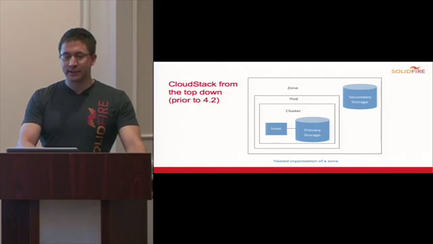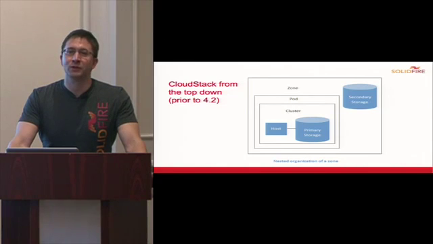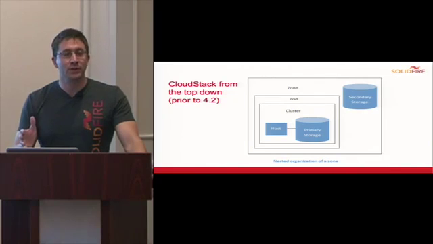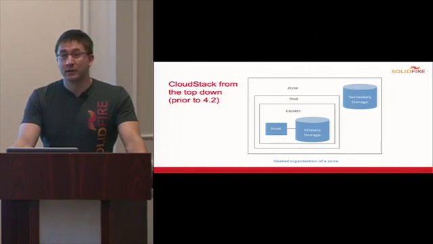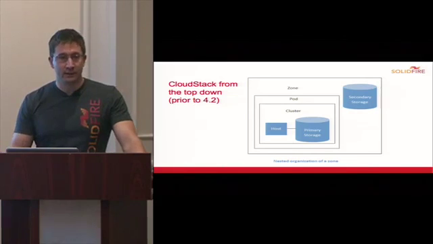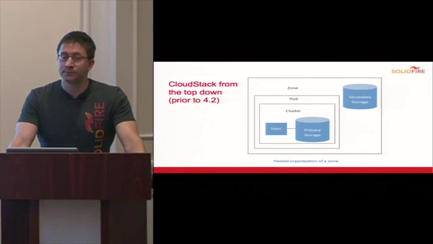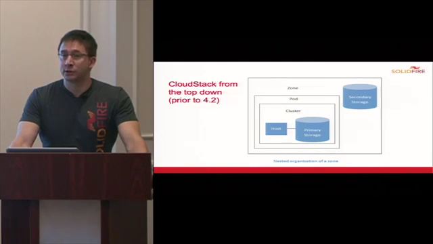But in this particular sequence, the flow I'm going to go with, I'm going to start with the way things were prior to the 4.2 release. And then once we hit the 4.2 release, there were a lot of big changes in the storage framework. The largest one was that vendors, such as myself, were now able to develop plugins to integrate with CloudStack. Prior to that, you had to integrate with CloudStack either as basic iSCSI storage or as NFS storage, essentially.